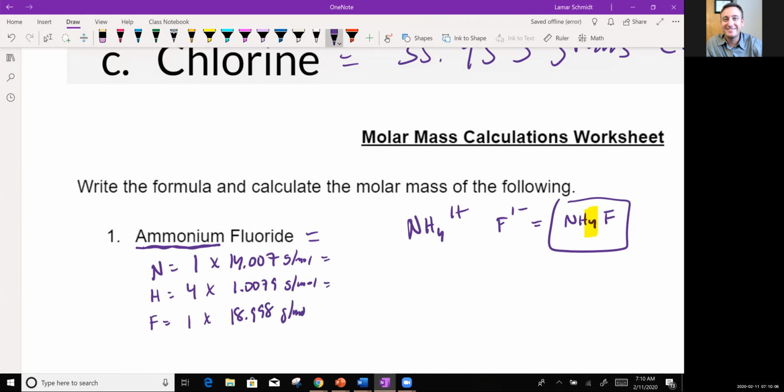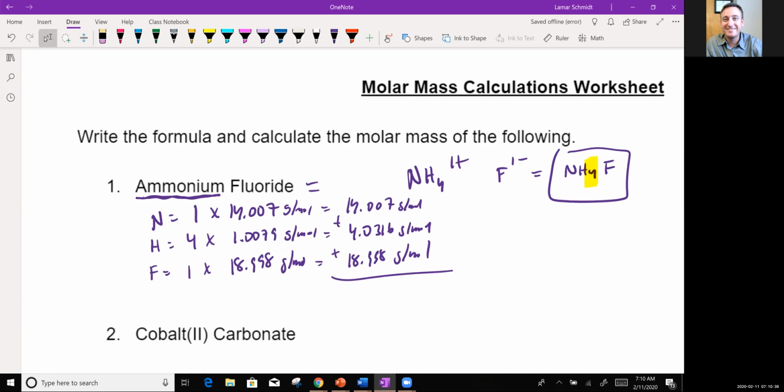And so you just multiply those things out. And 4 times 1.0079 is 4.0316, and these are grams per mole, and then this is 18.998 grams per mole.